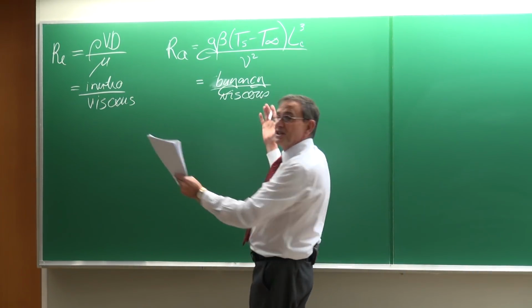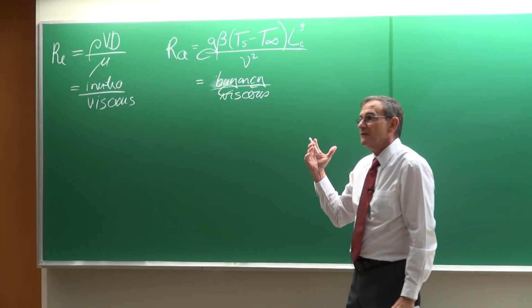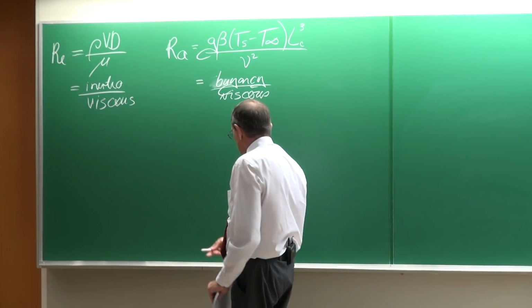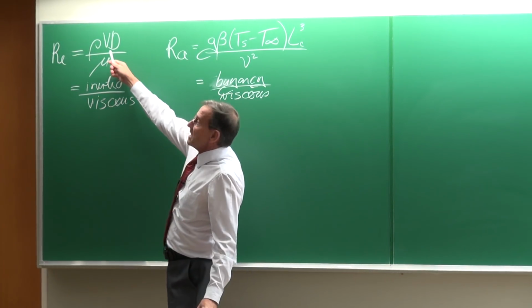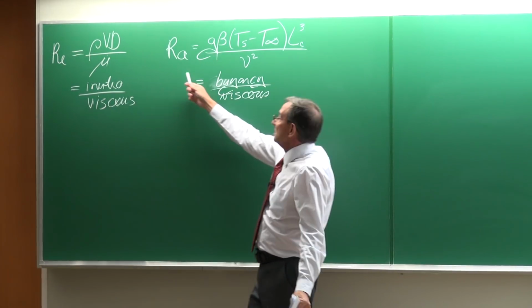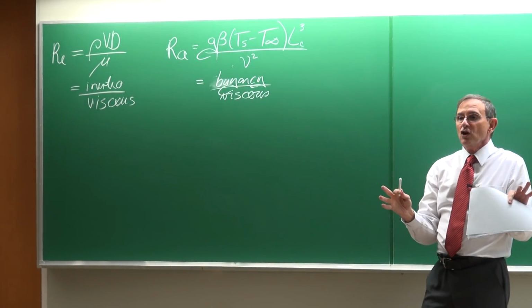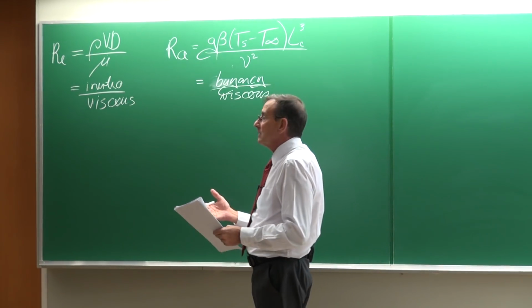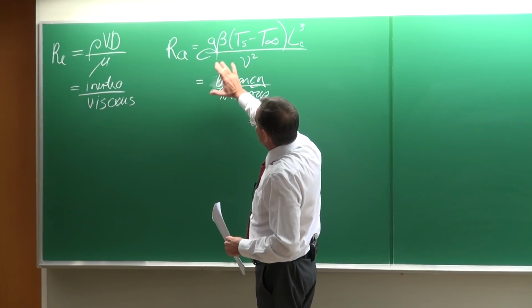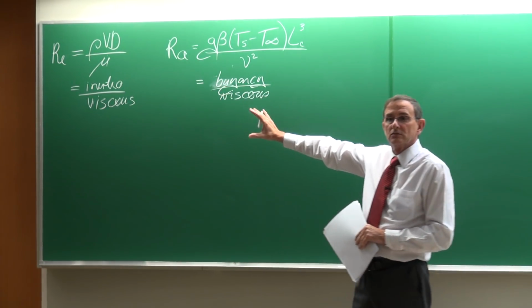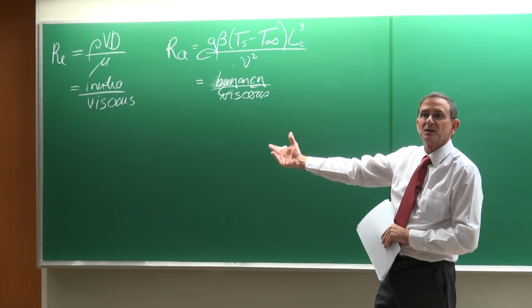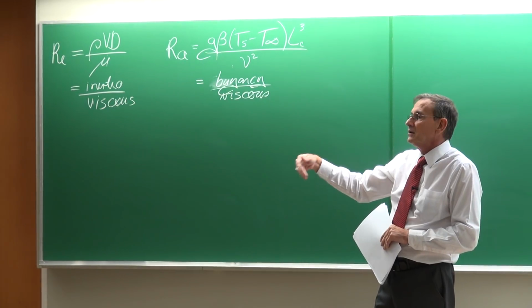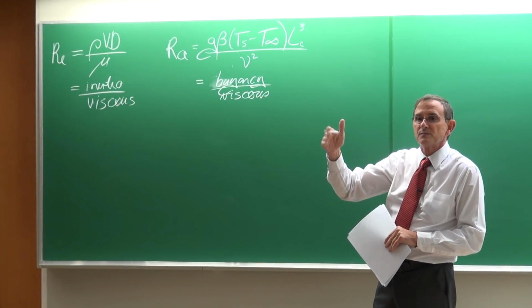So they represent different things, and the very important thing that you should notice is that in the Reynolds number we've got velocity. In the Grashof number there's no velocity at all. Why? Because in many natural convection problems, the velocities are normally extremely low, of the order of 0.01 meters per second.